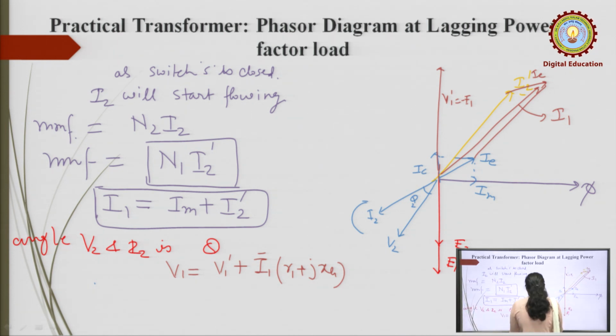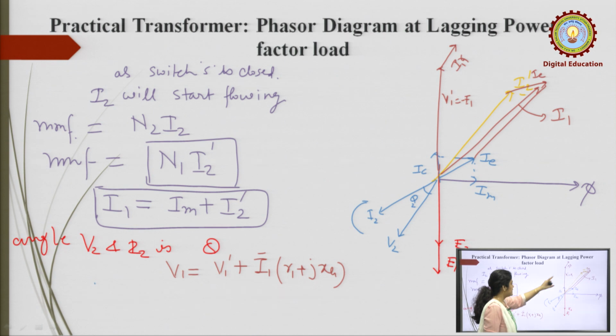So, the voltage drop I1 R1 is in the same phase as I1, this is I1. So, if you add this voltage I1 R1 to V1 dash, you draw it parallel to this I1, because both are in a resistive circuit, and so I1 R1 is in the same phase as the current.